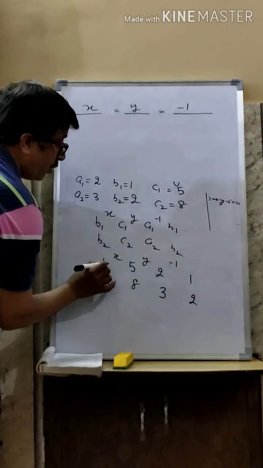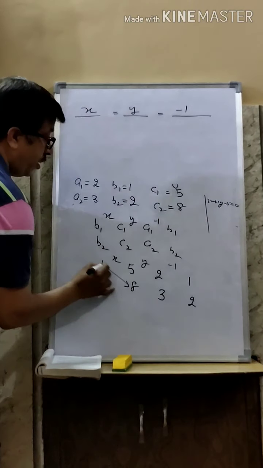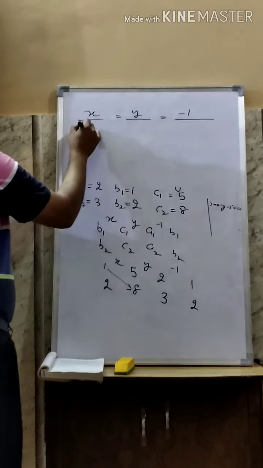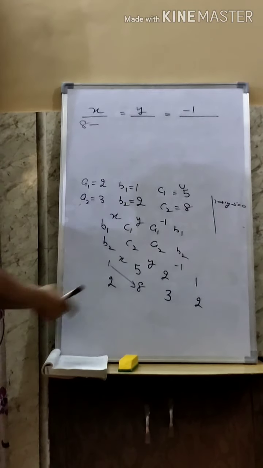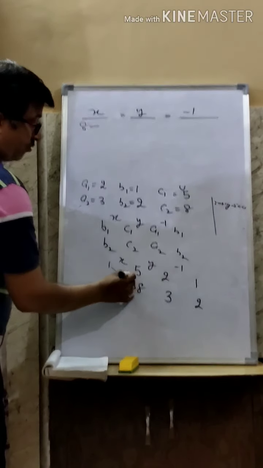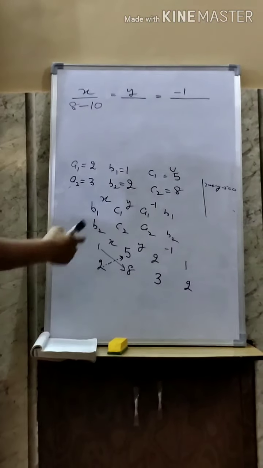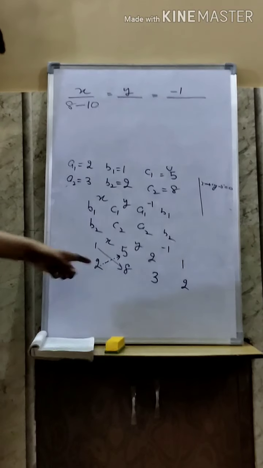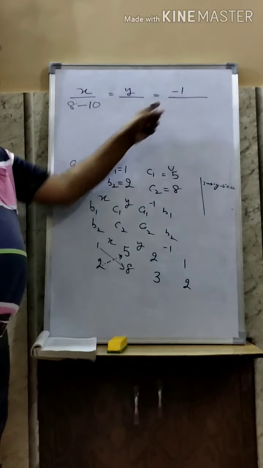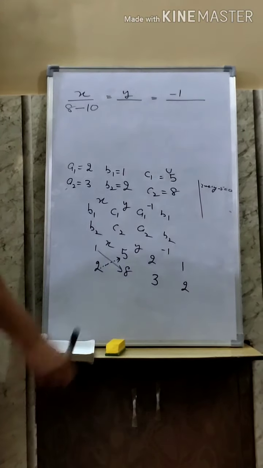So first we cross multiply this. 1 into 8, 8, minus is the formula, minus 2 fives are 10. This is the cross multiplication, by which this method is given the name cross multiplication method.